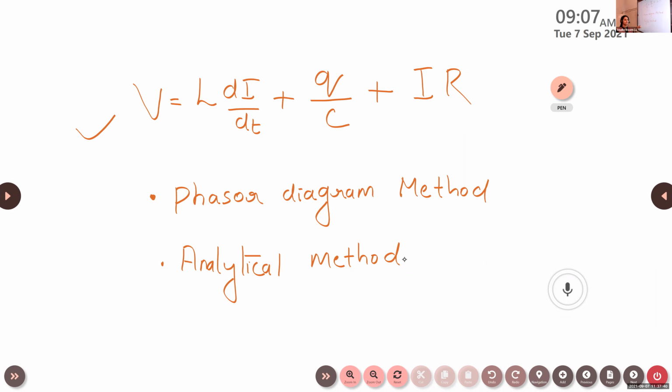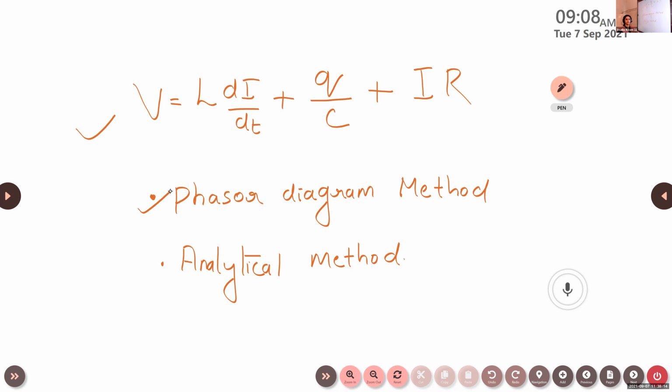Of these two, the phasor diagram method is a very important method to calculate the instantaneous value of power and to represent the series LCR combination in terms of a phasor diagram. So we have two methods to calculate the instantaneous value of power developed in a series LCR combination when it is connected to an alternating source of EMF V is equal to Vm sin omega t: the phasor diagram method and the analytical method.